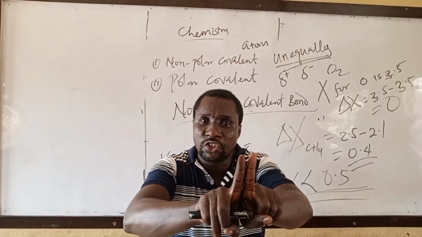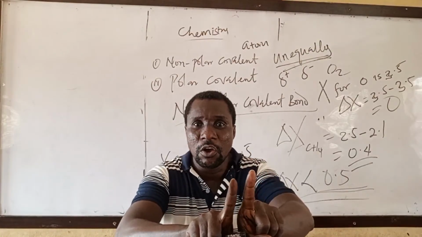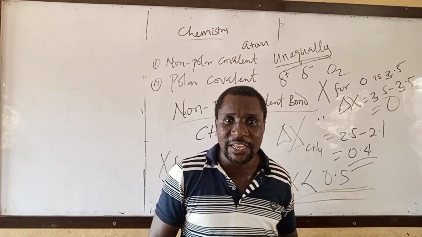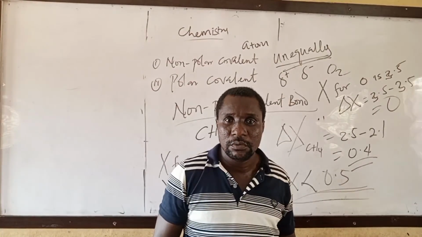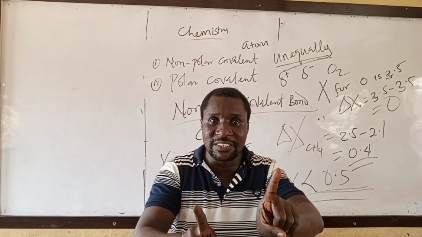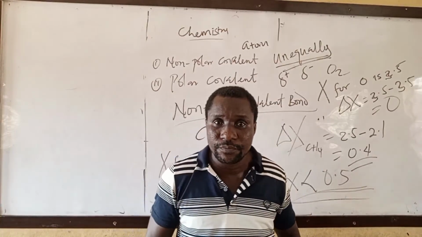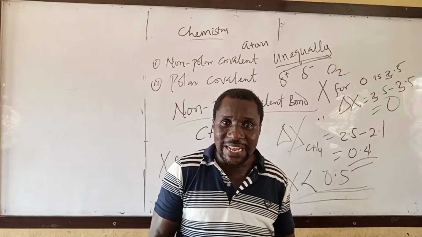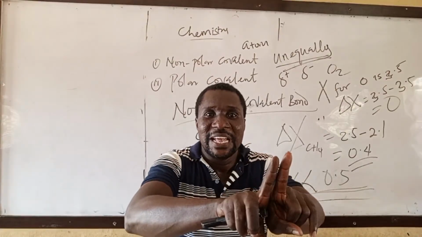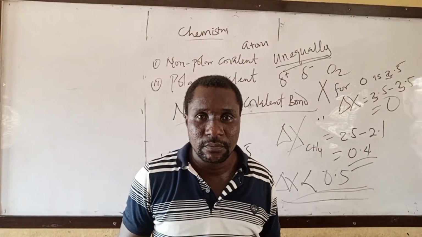This results in unequal sharing of the electron. That means in polar there is unequal sharing of electron, because the element that is highly electronegative wants to pull the electron towards itself.